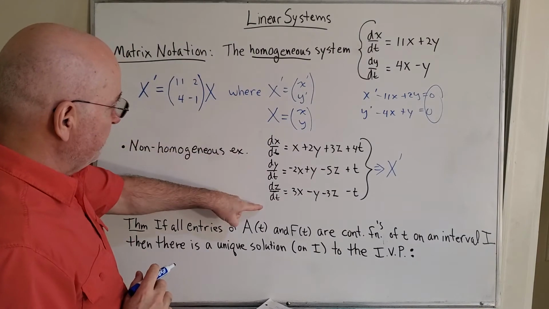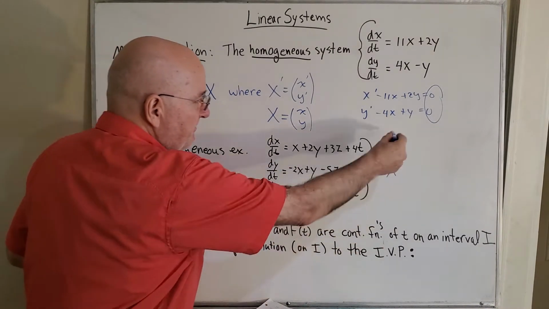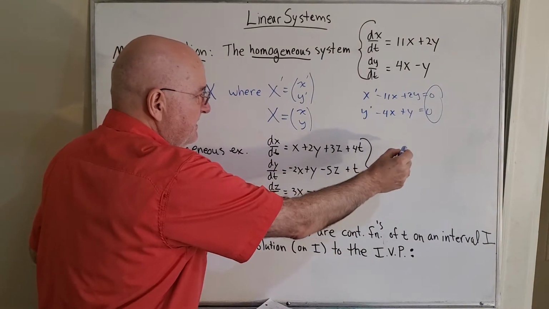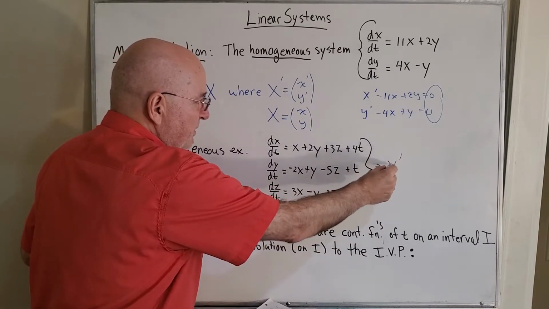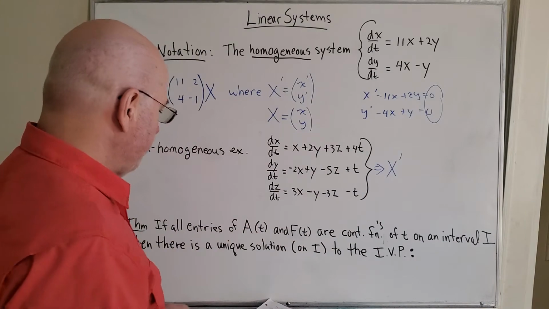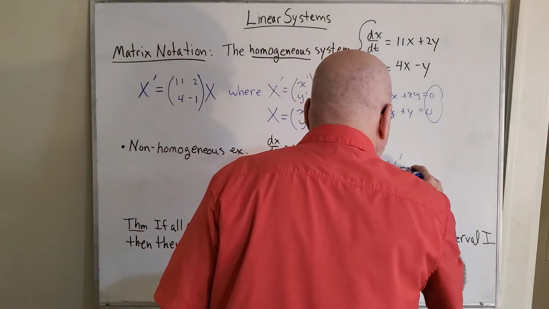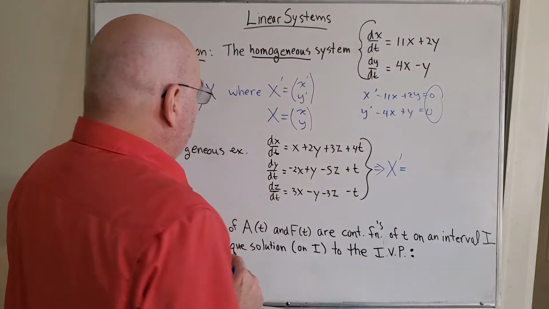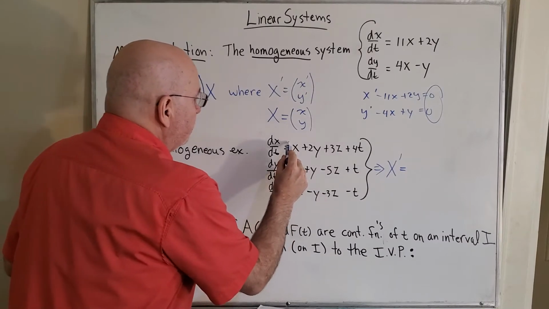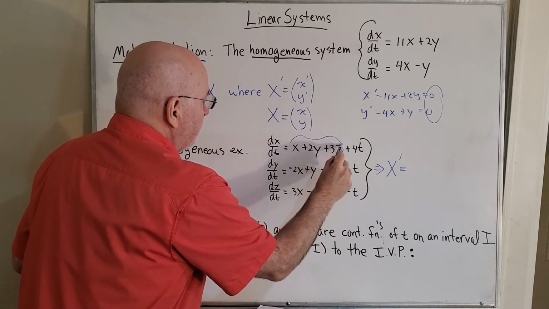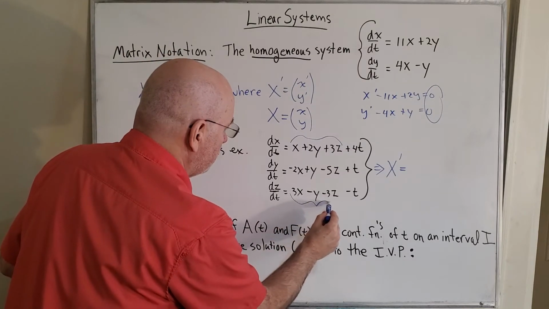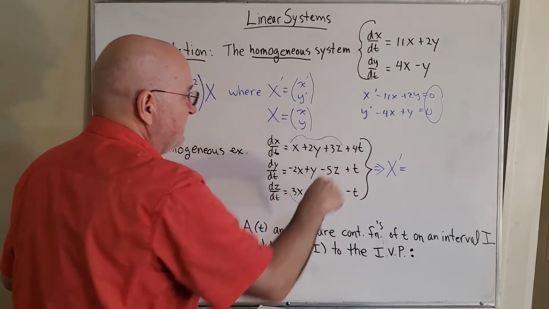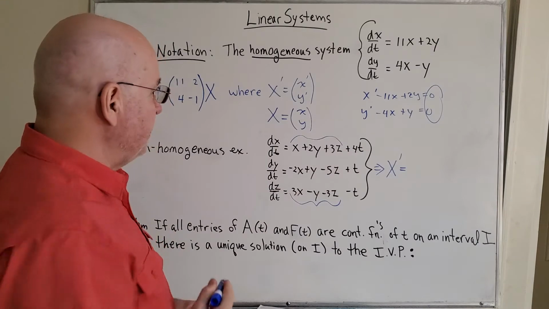X prime is a column matrix, dx/dt, dy/dt, dz/dt, or little x prime, little y prime, little z prime. And then we'll need the coefficient matrix, which is going to come from here and here. It's not going to include these extra functions of t at the end.